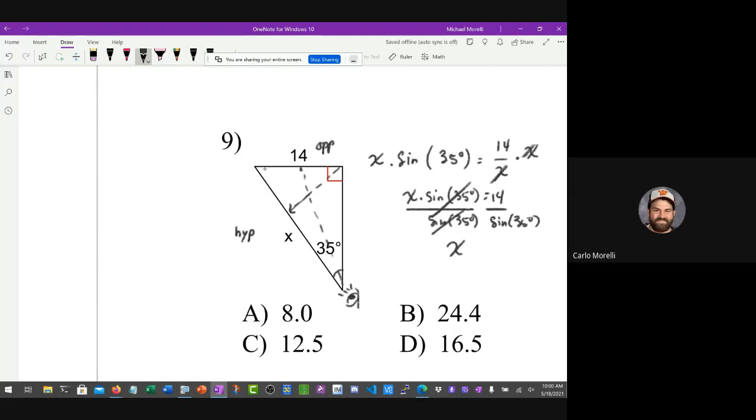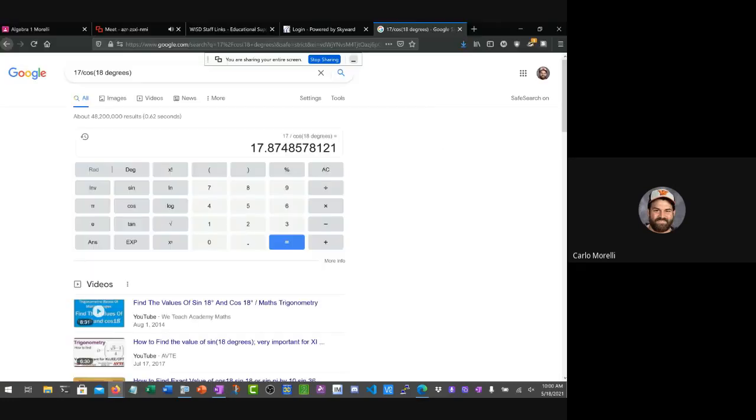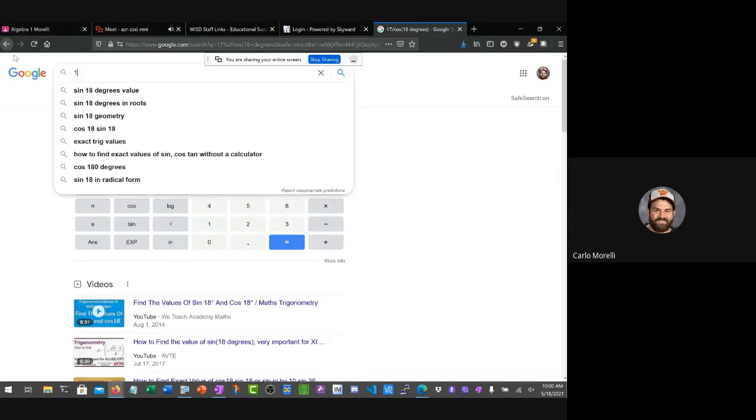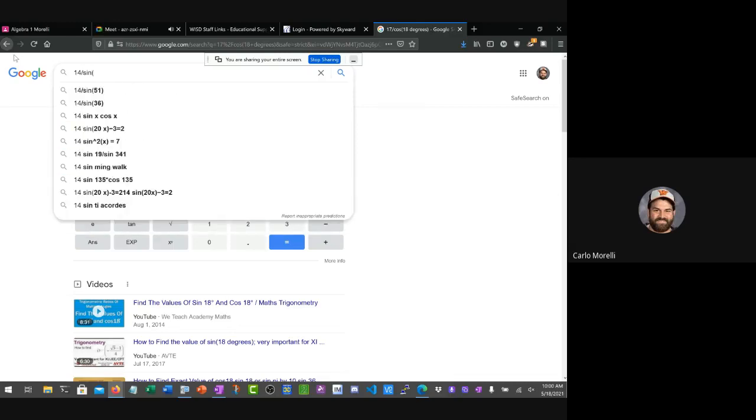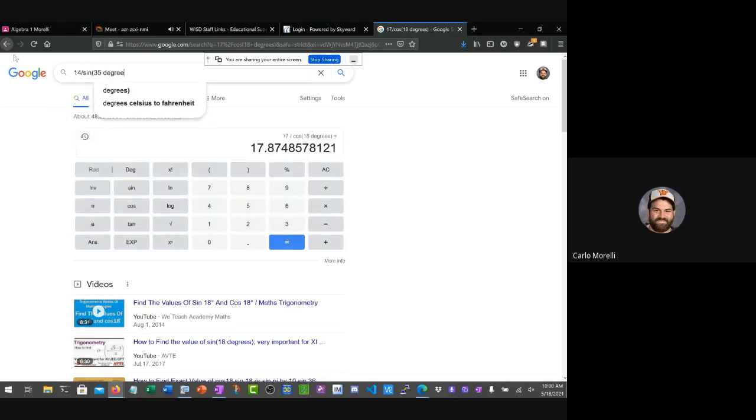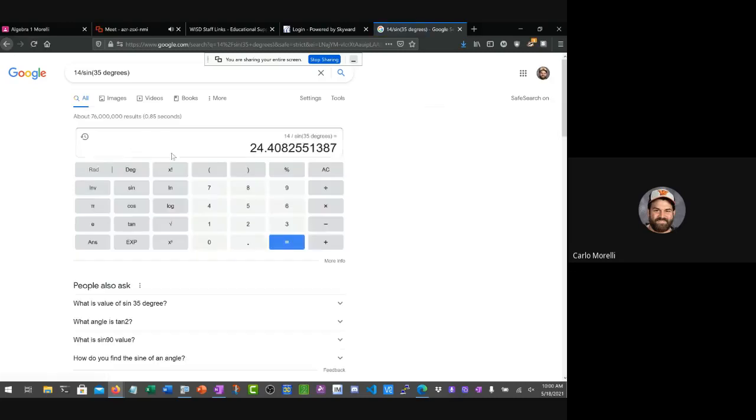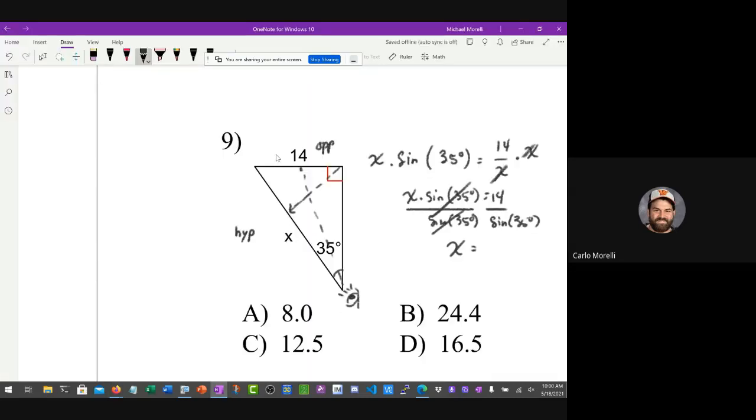And x will equal 14 divided by the sine of 35 degrees. It's easy to type it into Google. I'm getting 24.40. So that'll just be 24.4. B.